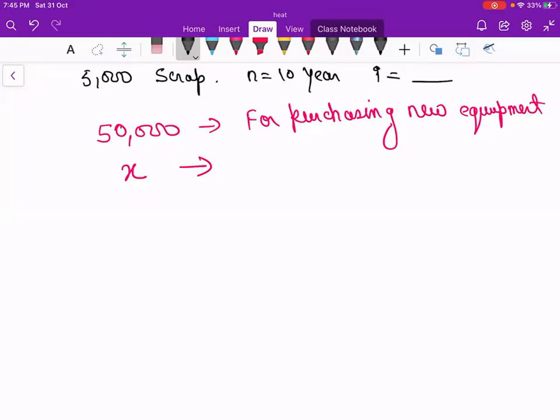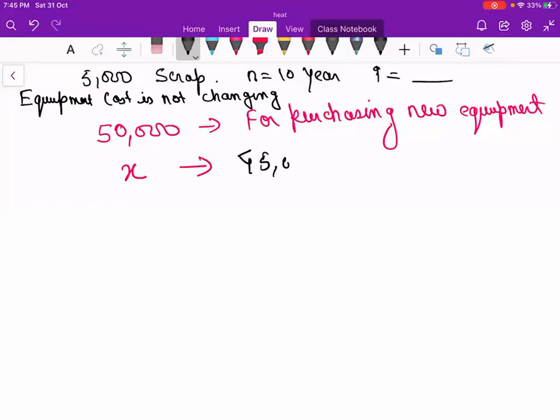After 10 years, how much money do you want for purchasing a new equipment? The assumption is that the equipment cost is not changing. Tell me, how much money do you want after 10 years? 45,000.